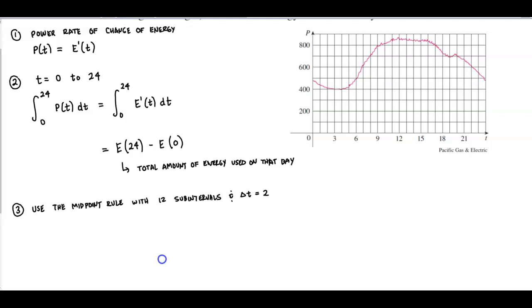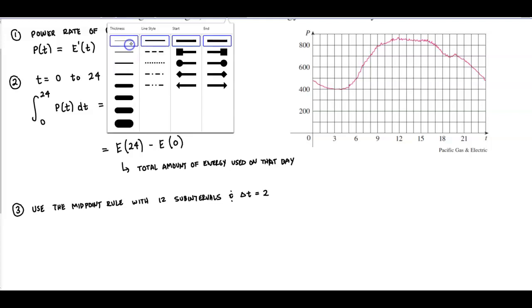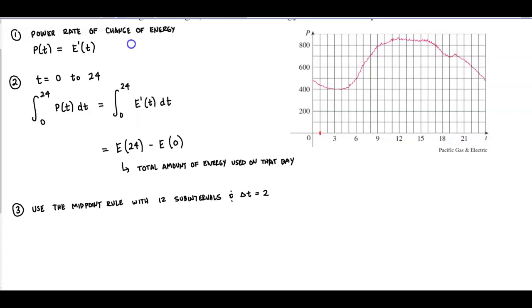So let's take a look at that here. If we're going to use the midpoint rule, the first midpoint is going to represent 1, so we look at the estimating output here. Then at 3, what is the estimating output? At 5, what is the output?